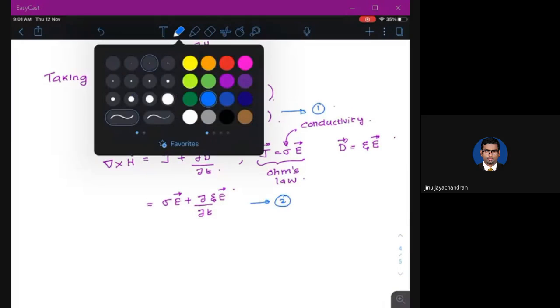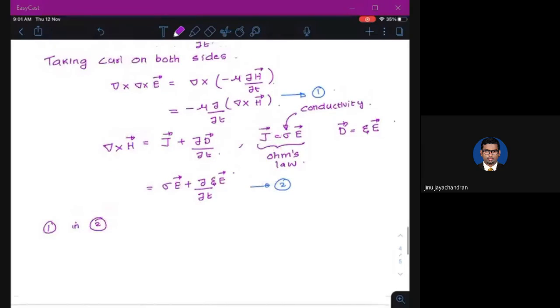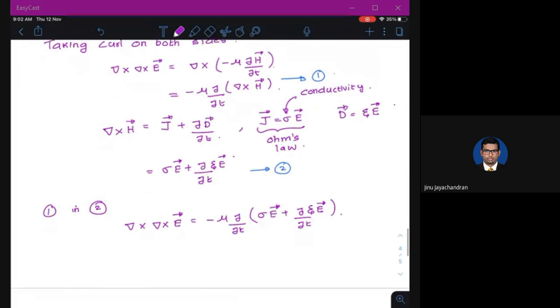So I substitute equation number 1 in 2, because of which I will get del cross del cross E is equal to minus mu dou by dou t of sigma E plus dou by dou t of epsilon E. Okay, let's say this is equation number 3.